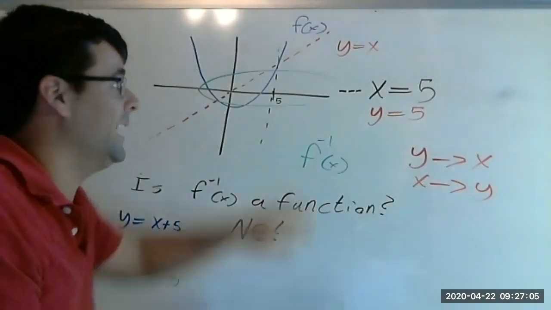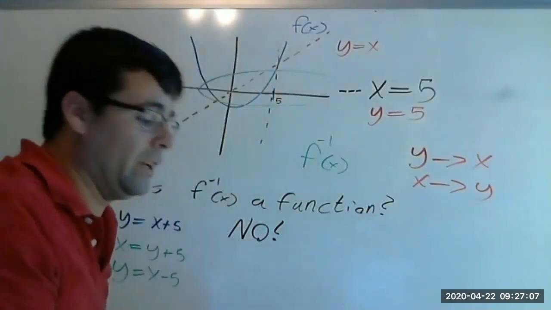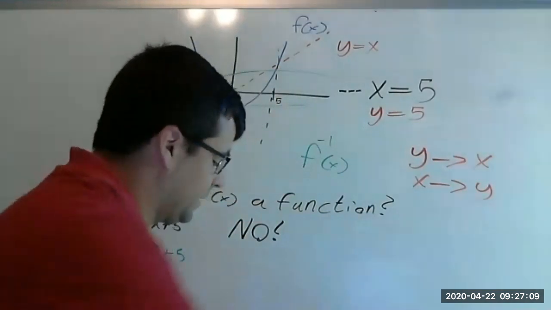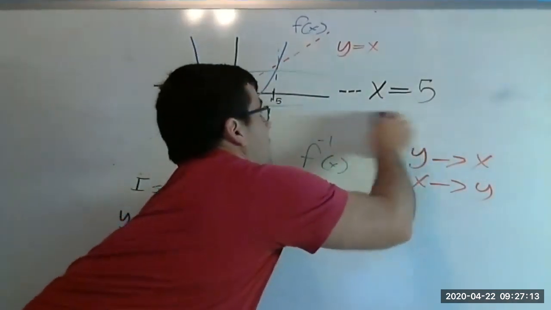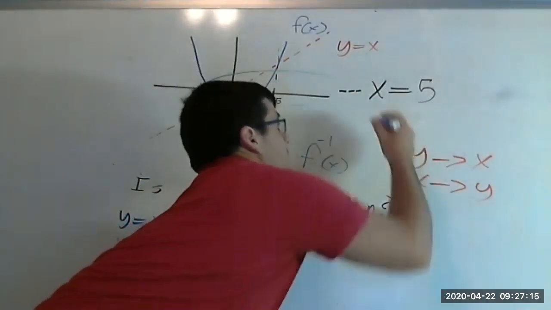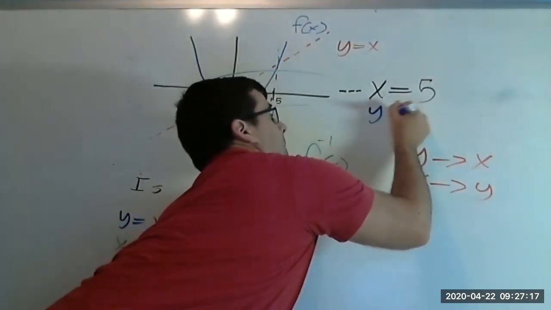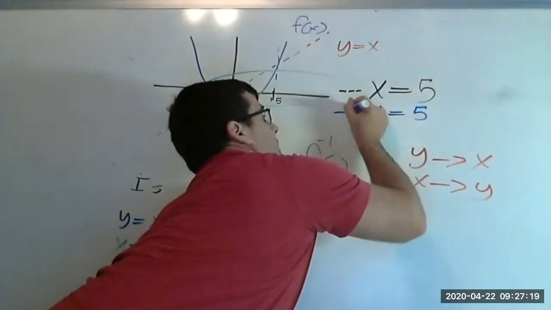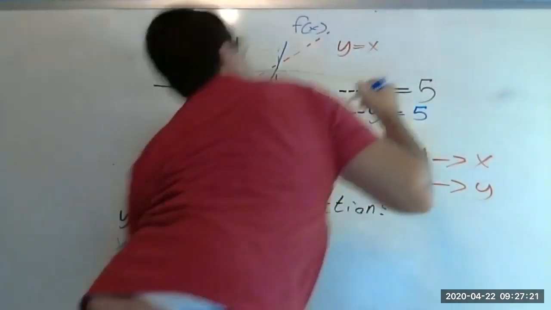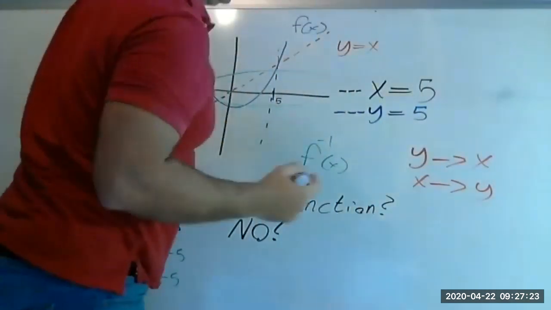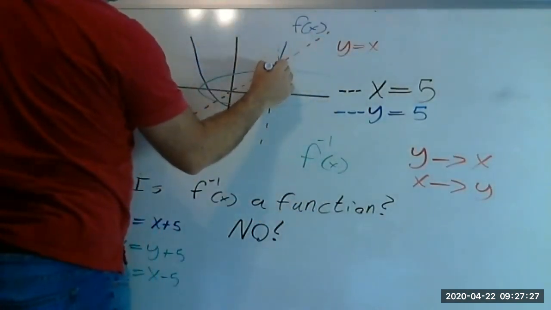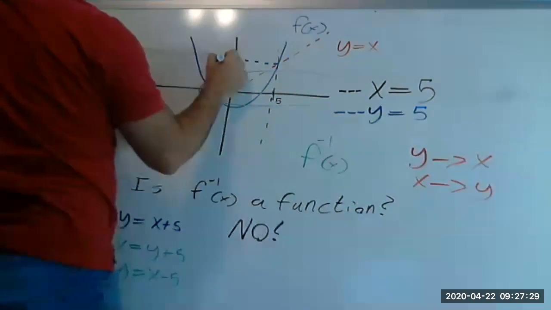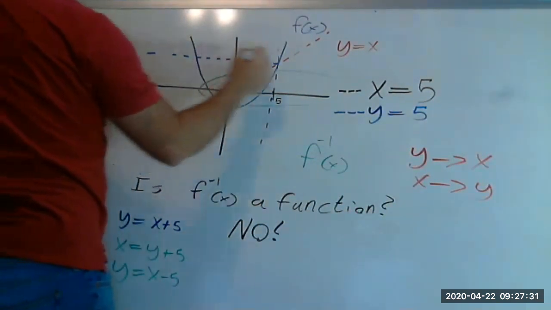So the inverse of the vertical line test, actually, let's do this in a different color. The inverse of a vertical line test is a horizontal line test.